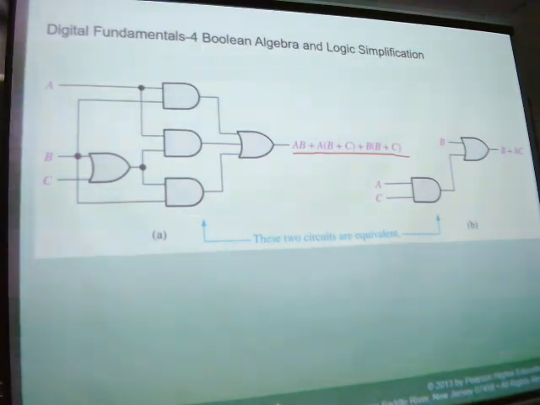But after we have simplified this expression, the circuit only has 2 gates, 1 AND gate and 1 OR gate.